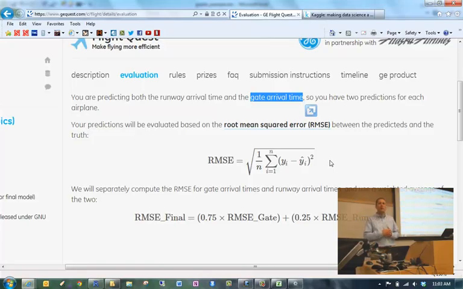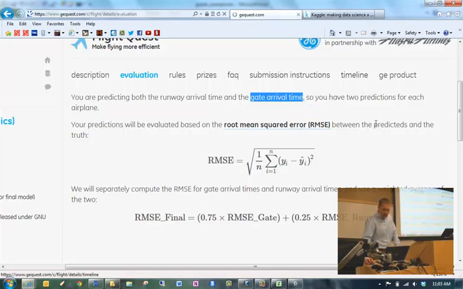Something very similar to what we've seen before, what they call root mean square error, the square root of essentially a mean square error, where they're taking 1 over the sample size times the sum from i equal 1 to n of y sub i, which could be, for example, gate arrival time, minus y hat sub i, the actual predicted gate arrival time given by the model, and then they square it. So that's how they evaluate the different models, using a tool that we're used to seeing.